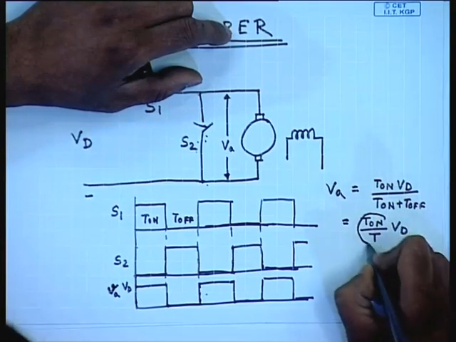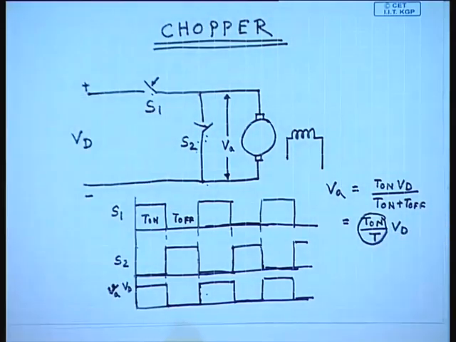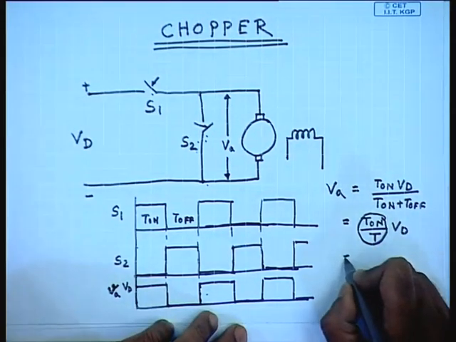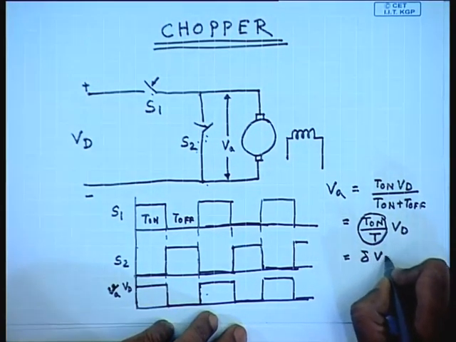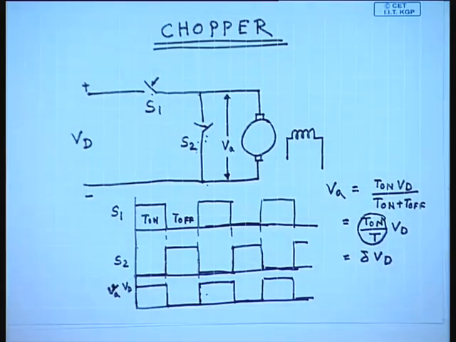The quantity T on by T is called the duty ratio of the chopper, delta, so Va equals delta Vd. So, we see this chopper provides a convenient means of controlling the average voltage applied across the DC machine armature terminal.